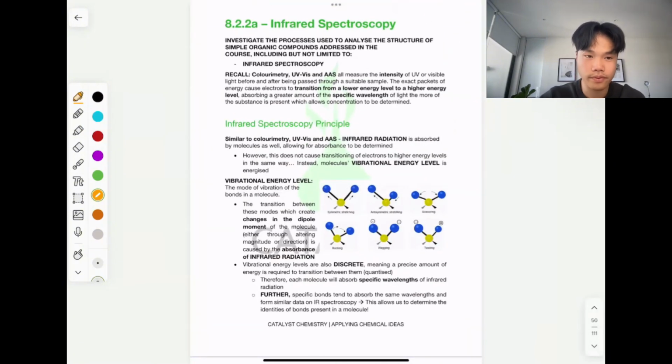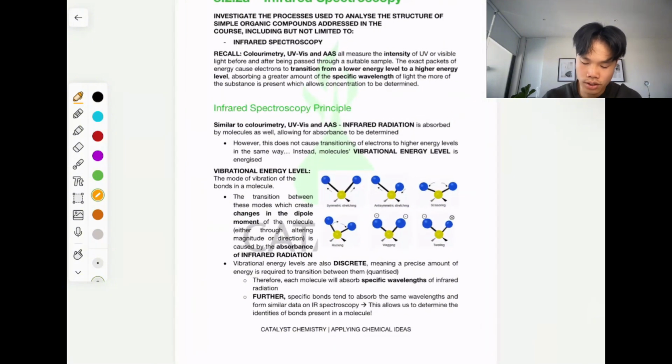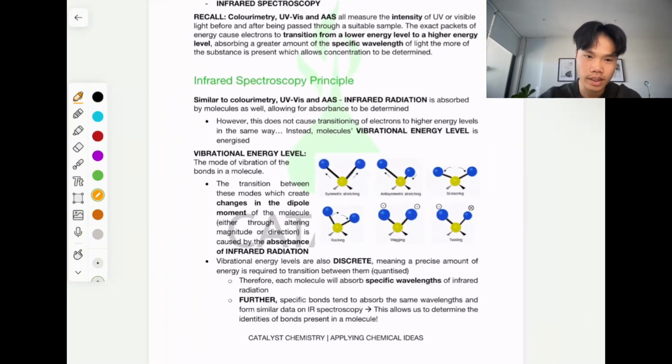All right, organic analysis. So we have IR spec first, and the way I'll structure this is I'll talk through the method, how it works, just to revise that, and then we'll talk quickly on how you read the spectra.